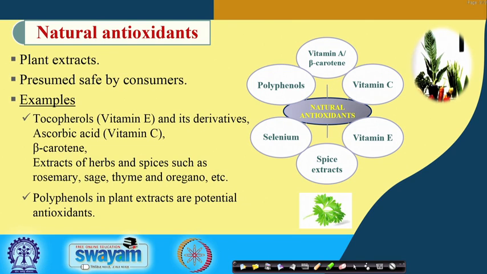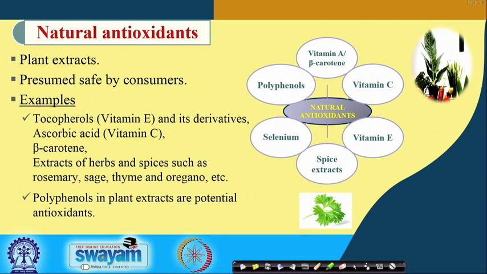Now, after having this explanation of antioxidants, let us come to the natural antioxidants, because most of the synthetic antioxidants have one or the other problems, sometimes health concerns and other concerns, such as their effect on food constituents.